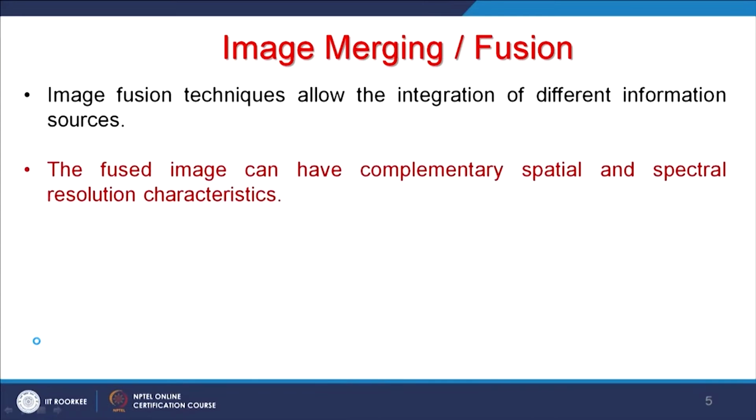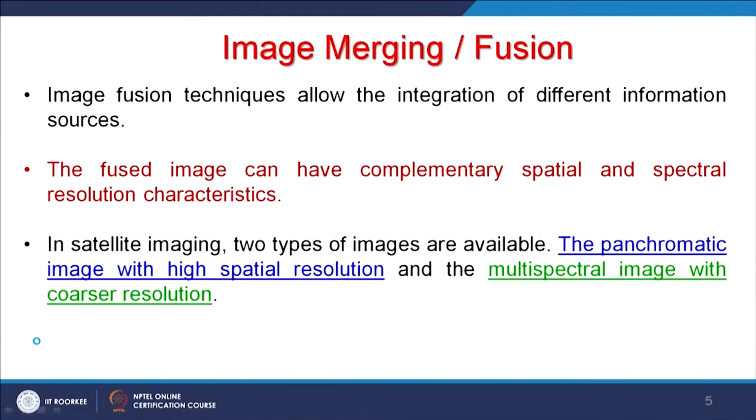So image fusion basically allows us to integrate different information sources. I have also said that a map after scanning can become a raster image, and that can be merged. These fused or merged images can have complementary spatial and spectral characteristics. As you know, in satellite based remote sensing or satellite imaging, two types of images are available.